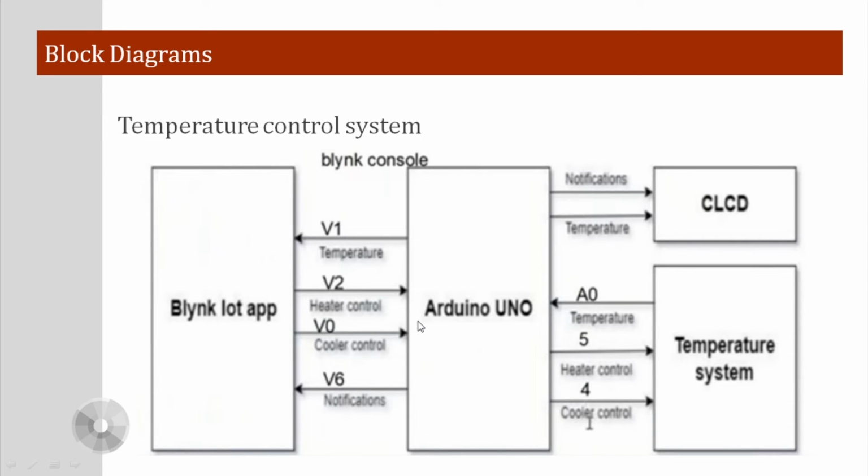We control this temperature system and print the status of the temperature system on the LCD using the Blynk IoT app. This can be done using the Arduino Uno. From the Blynk IoT app, we send the instructions to the Arduino Uno, where we control the temperature system and print the messages on the LCD display.